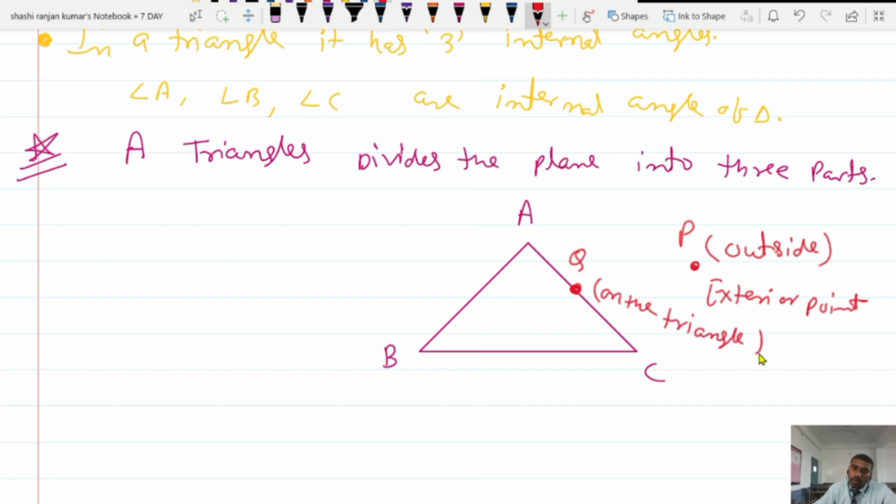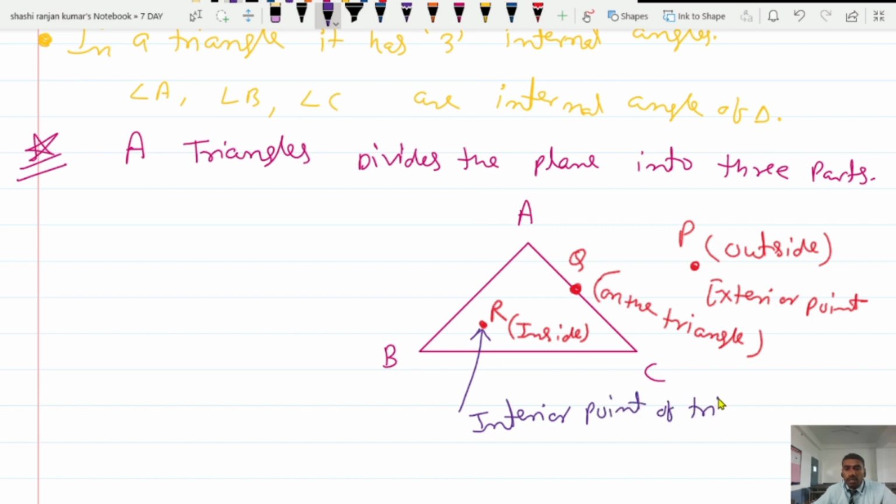And a third type of point is possible, that is inside the triangle. Suppose this is the point R. So R is the point inside the triangle. This is known as the inside point, also called the interior point. This is the interior point of a triangle.